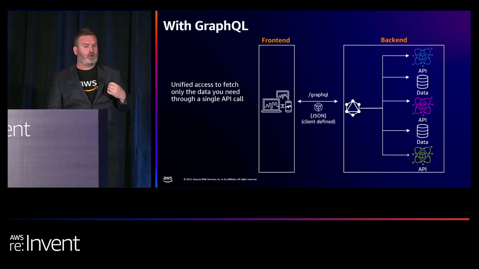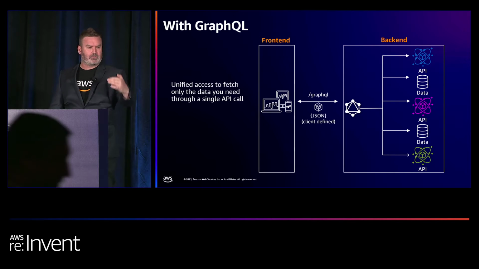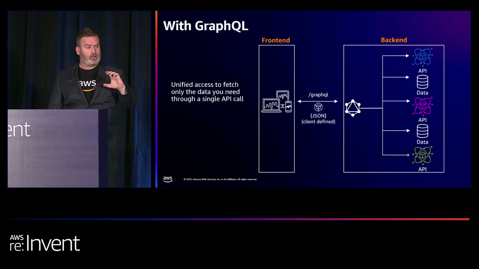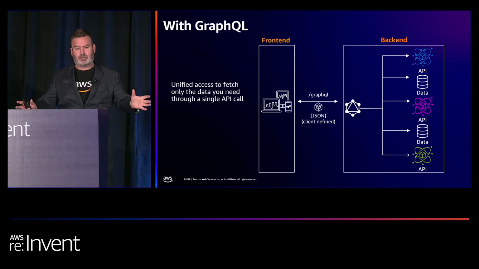So it's now no longer a static request saying, just give me a resource and I'll take everything. You're able to describe in your post what it is that you want to receive. Based on that, the GraphQL backend will then distinguish which data sources downstream it needs to query and bring together to make my application response and hand it back. So we're able to connect multiple data sources.